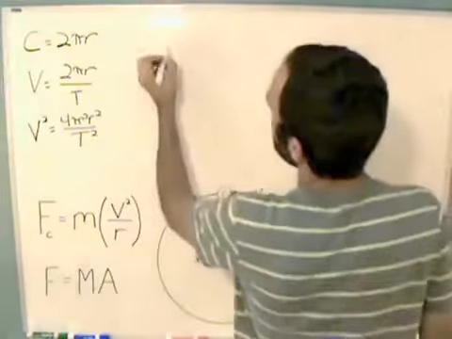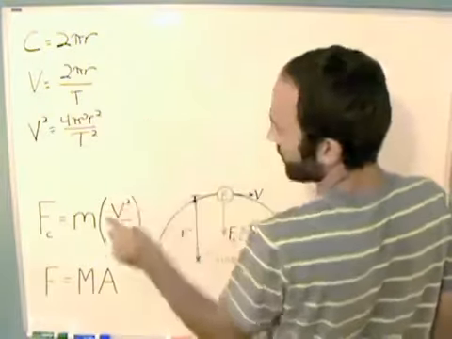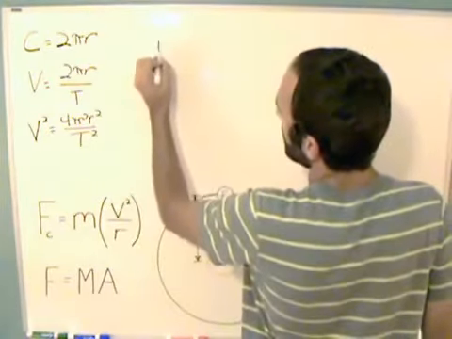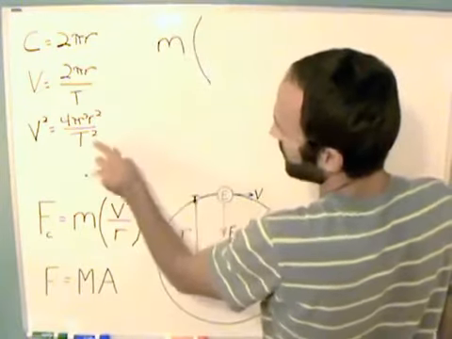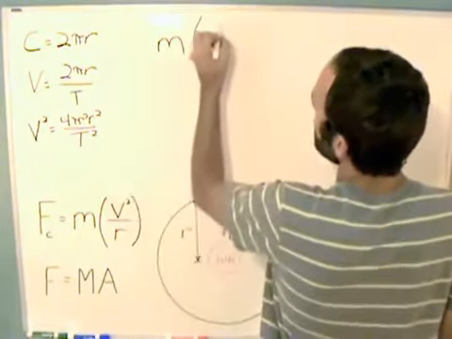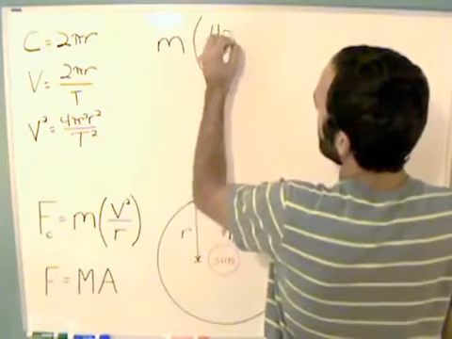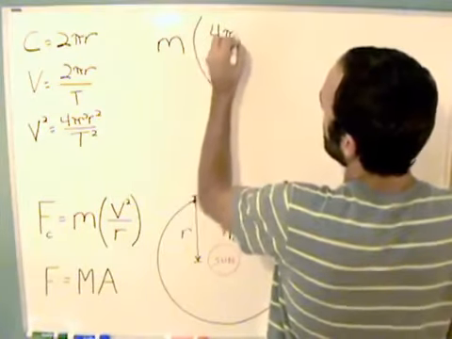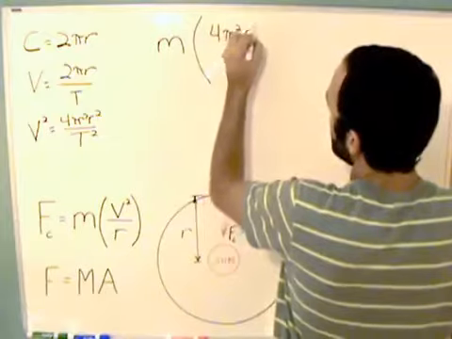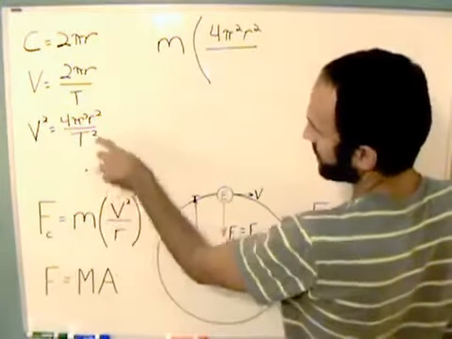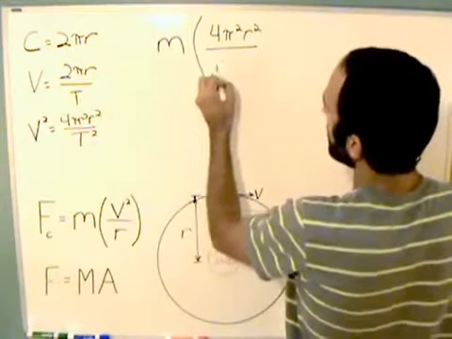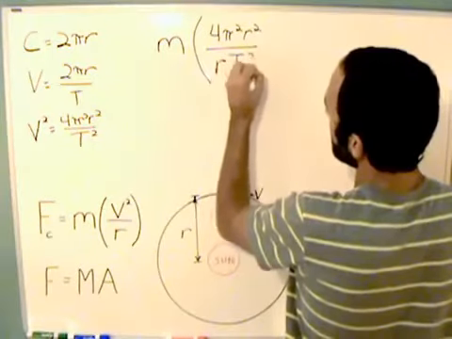Okay, so going back to that original equation, we can write the centripetal force equation now with that relationship. We can substitute this for V squared, and that'll give you 4 pi squared times r squared over r, because r was still on the bottom, and this T squared comes down here, over r times the period squared.